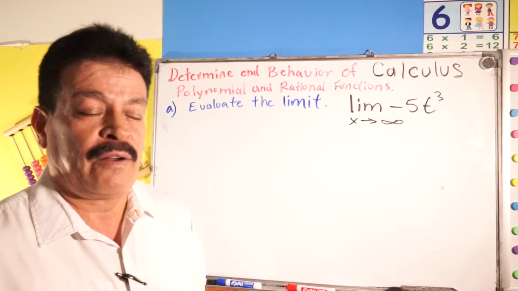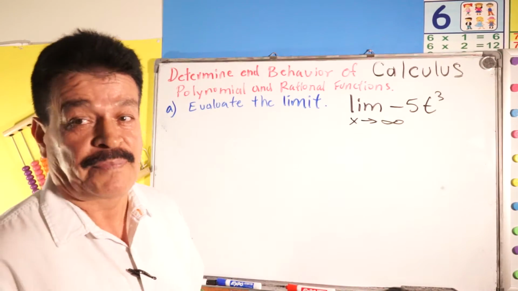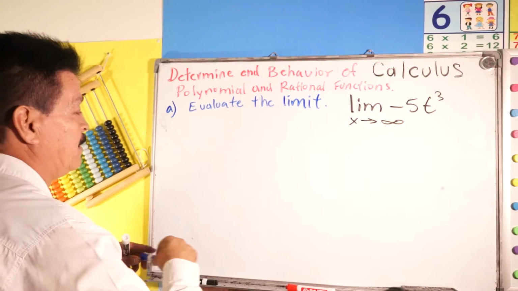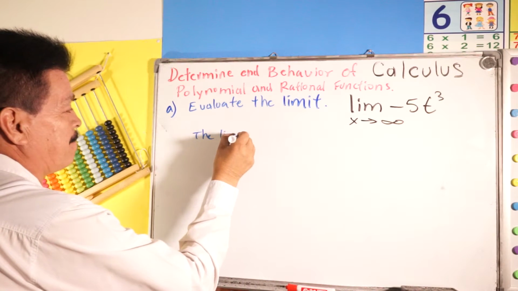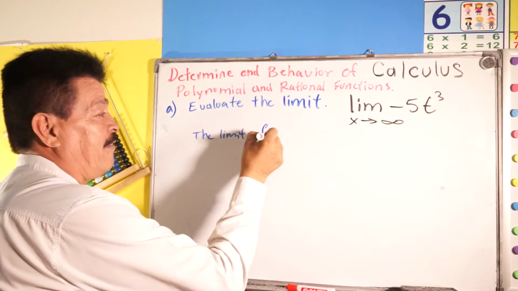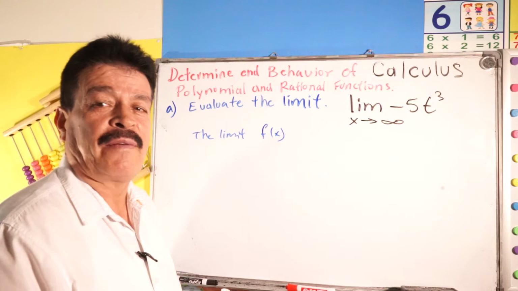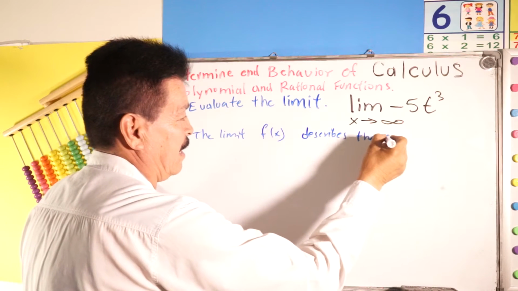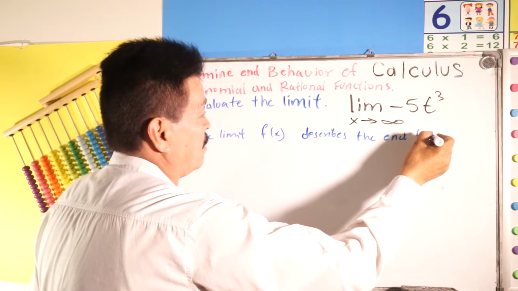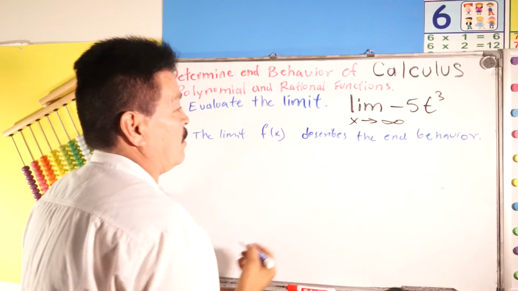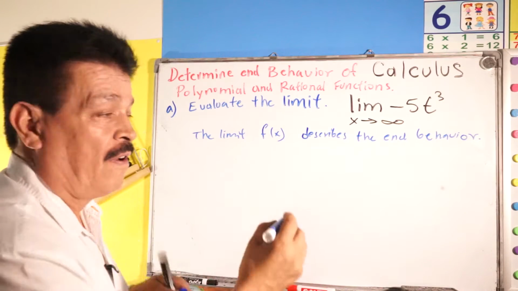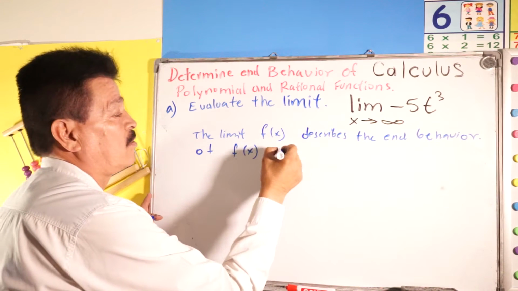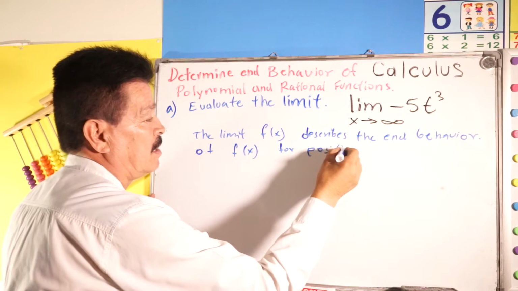The limit of f of x, when you're talking about the behavior, describes the end behavior of f of x for positive x values.